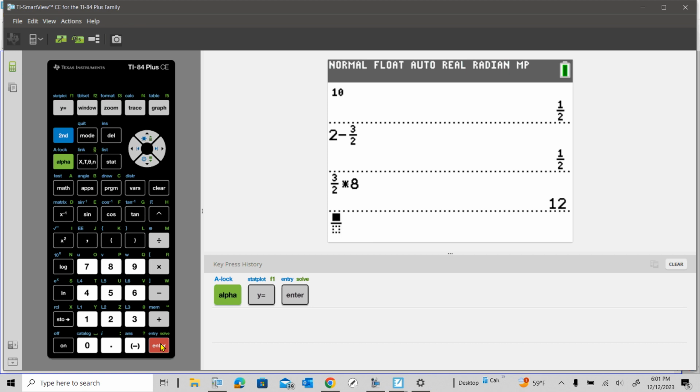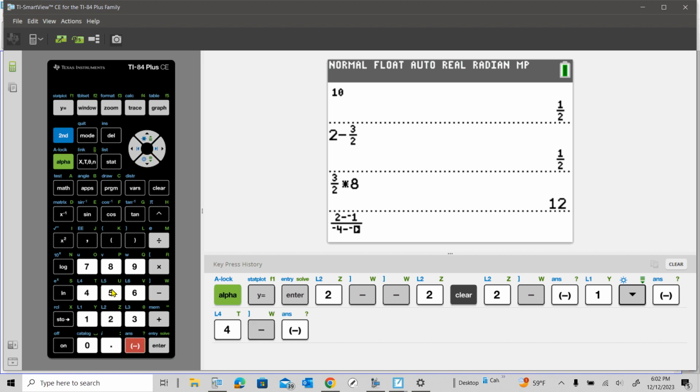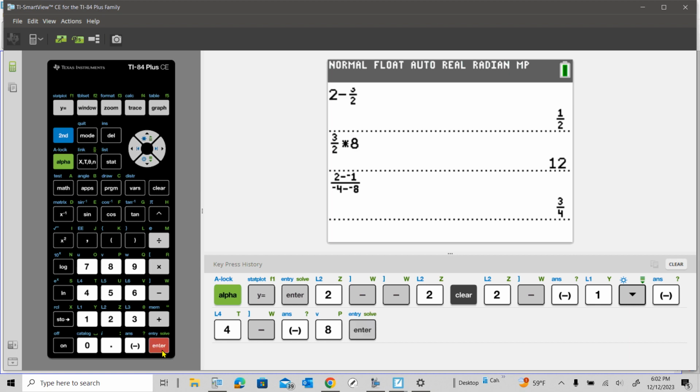So AB is 2 minus a -2, -1, okay? And then our x2 minus x1, so I just need an arrow down. That would be our -4 minus -8. All right, and then if you just hit enter, it would go ahead and simplify that for you. So AB is 3/4 here, okay?